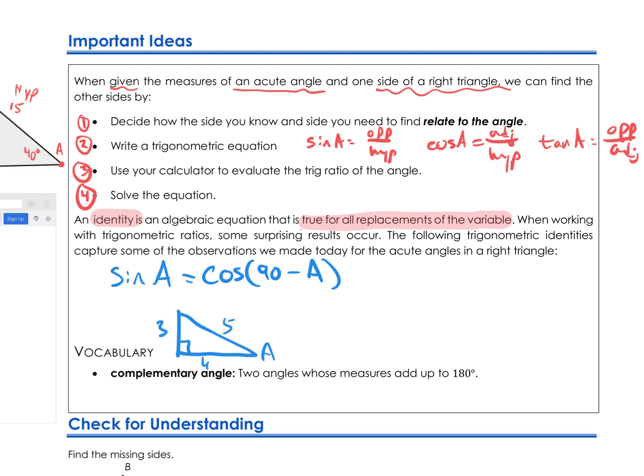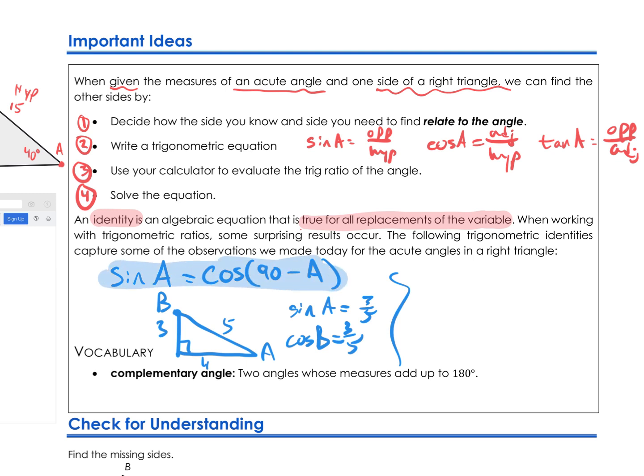Call this angle A. The sine of angle A is 3/5, and whatever the measure of angle A is, this angle is 90 minus that. So we can say the cosine of B is also 3/5, and the reason is because this is opposite of A, but it's also adjacent to B. So the opposite of one is the adjacent to the other. All right? So that's an identity. That's something that is always true there.